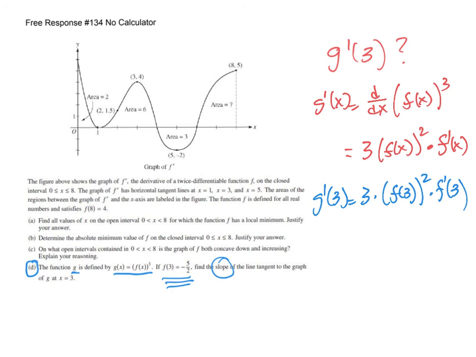Okay, so I did the heavy lifting for you here, and now you ought to be able to find what f of 3 is. I'll give you a hint. They already told us what it was in letter D. And you ought to be able to find f prime of 3 because it's on the picture somewhere.